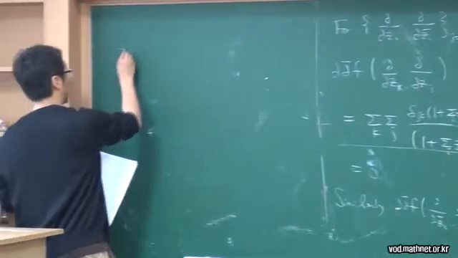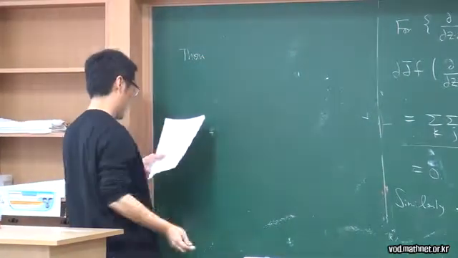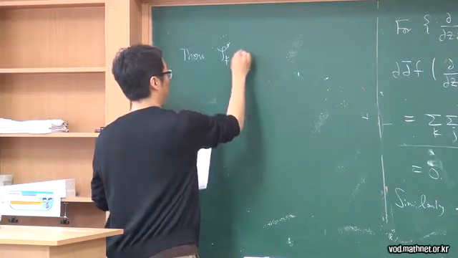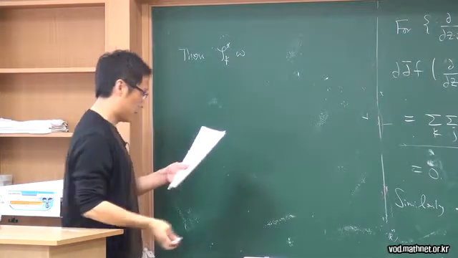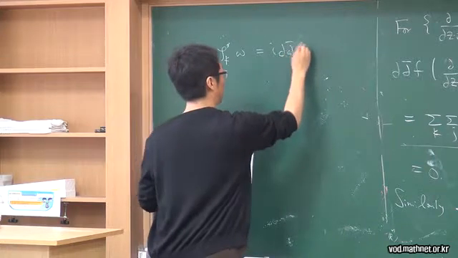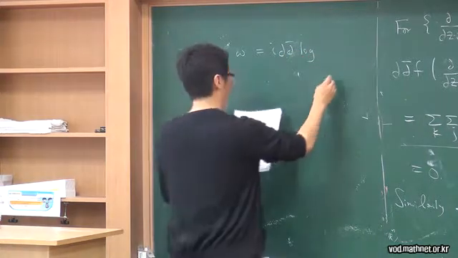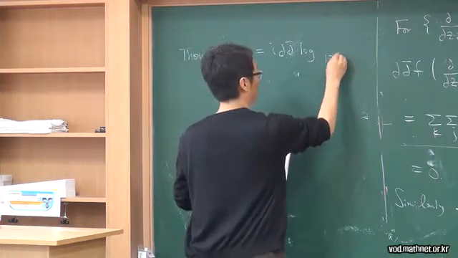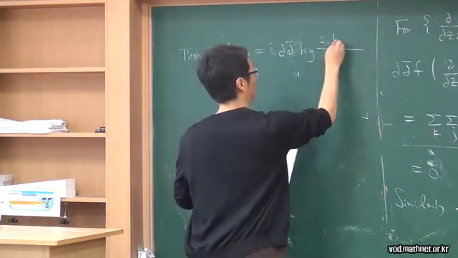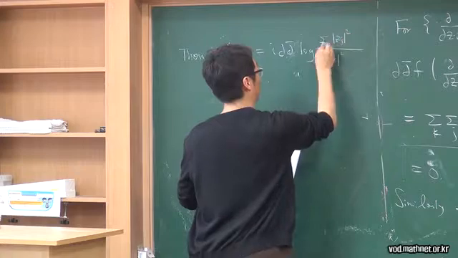Then the pullback of omega is nothing but i over 2π ∂∂̄ log of the sum of Zk squared, summation Tj squared.